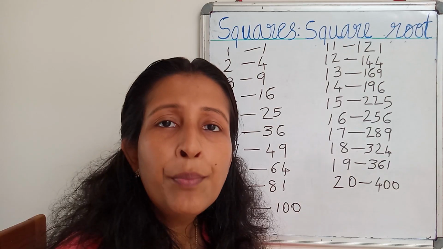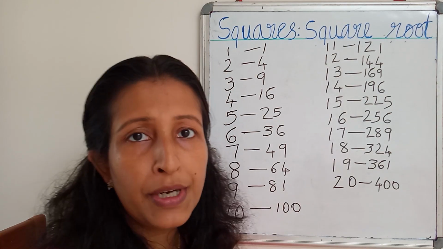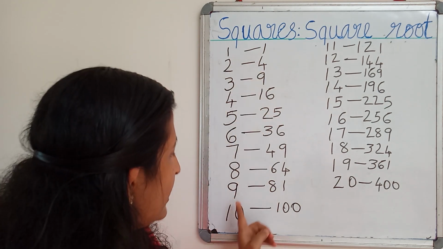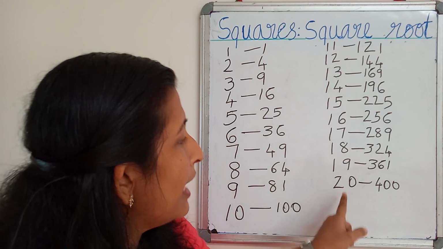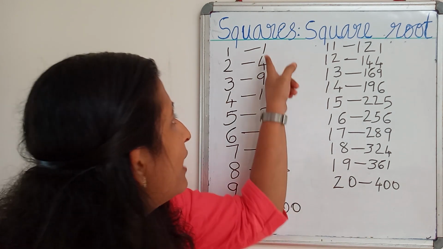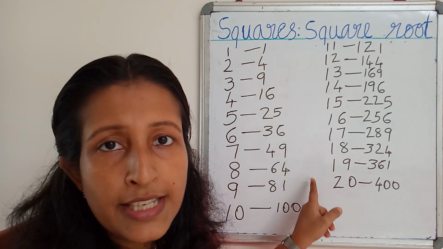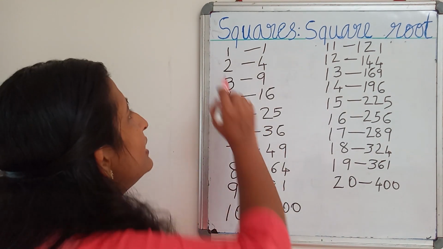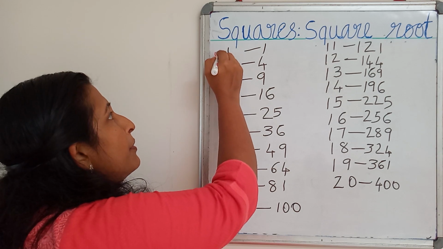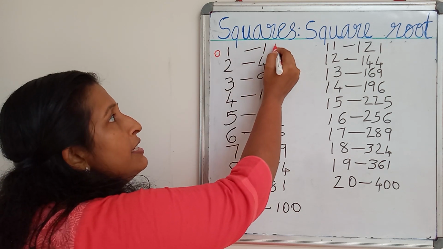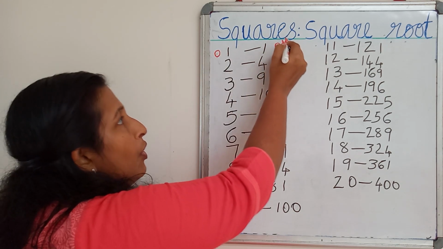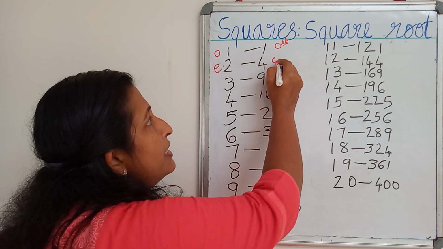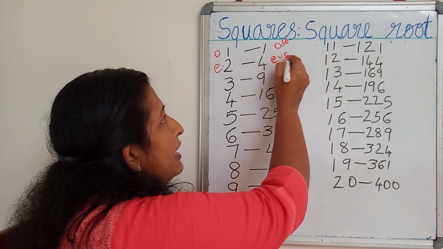Okay. Before explaining the next property, I have written some numbers 1, 2, 3, 4, 5, 6, 7, 8 up to 10, then 11 up to 20, and I have written the squares of each number. So I am saying that this number is odd and its square is odd. This number is even and its square is even.